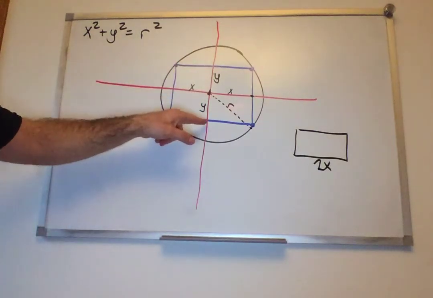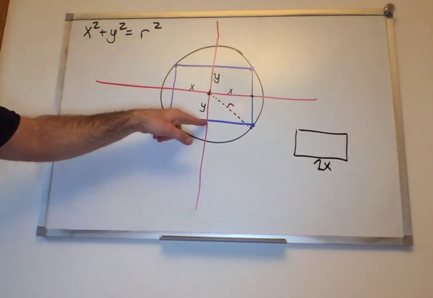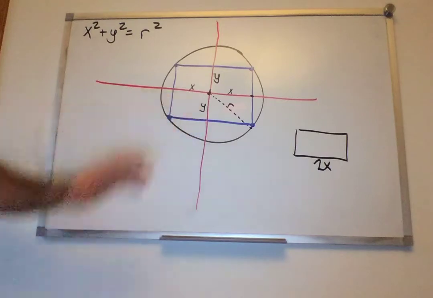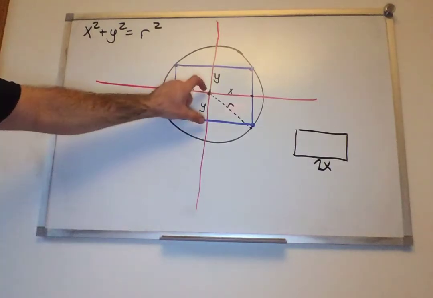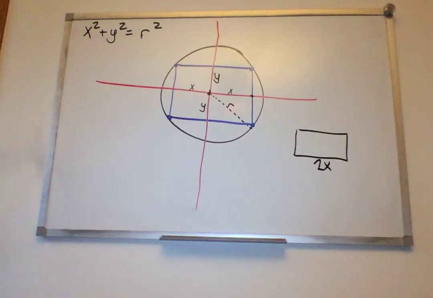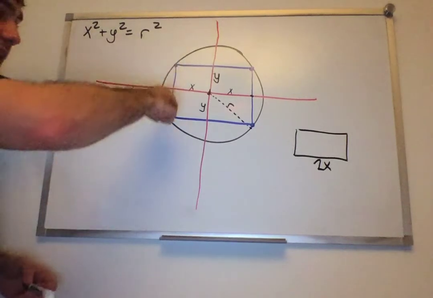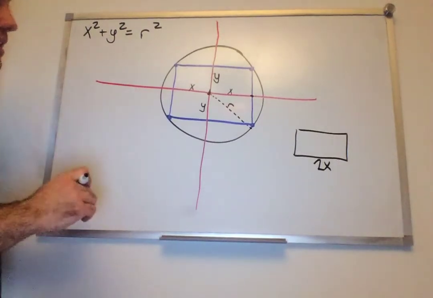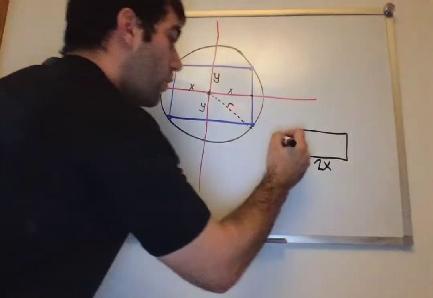If I were to put the point right here, this would be 0 comma negative y. However, I don't want the point, I just want the distance. I'm going down a distance of y, just like I went up a distance of y. So in total, this entire length over here, let me again put it on our little rectangle, would be y plus y, or 2y.